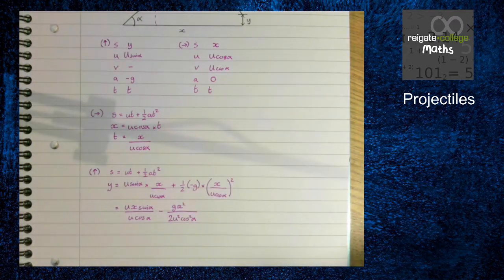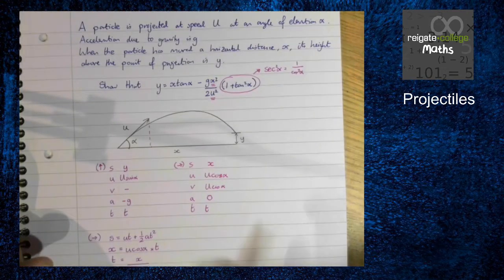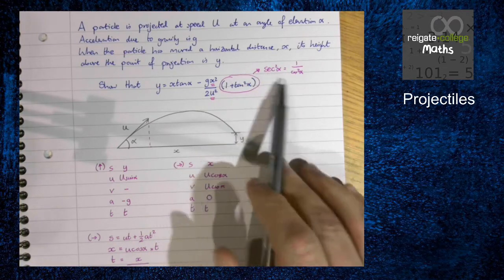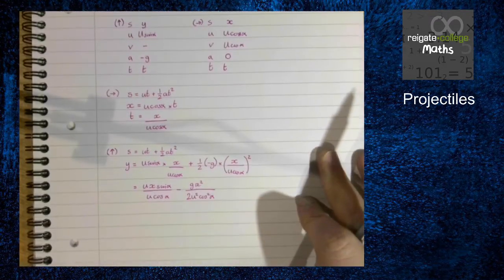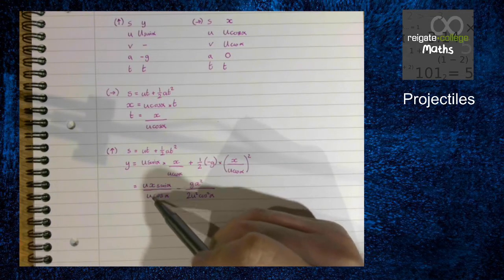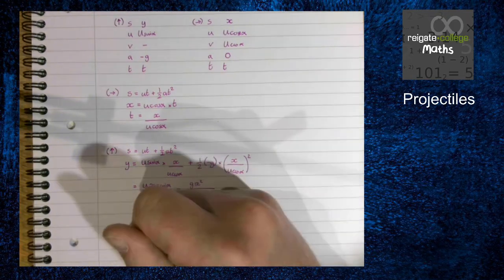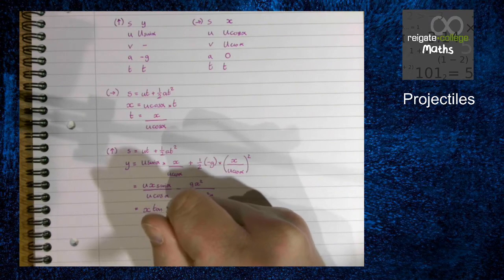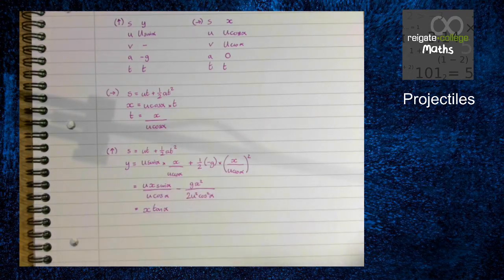Again, this still looks like a mess, but if we look back to what we're trying to get to, we're nearly there. We just need to make sure we write all the bits down. Here we can see the u's are going to cancel. And sine over cos is tan. So that sorts out that first term.